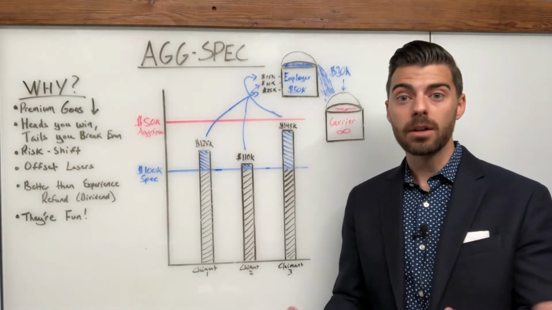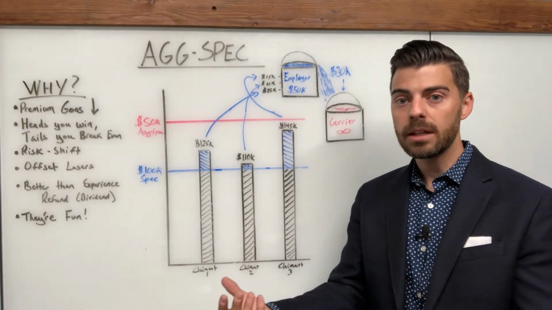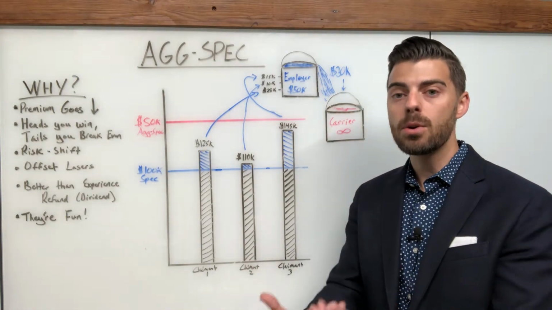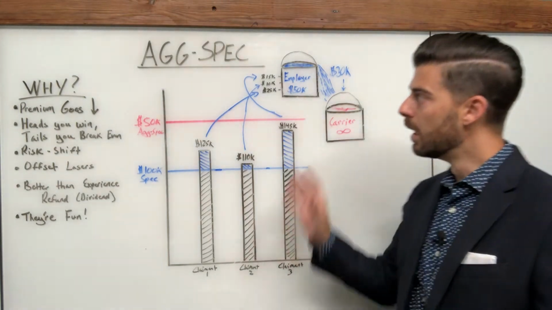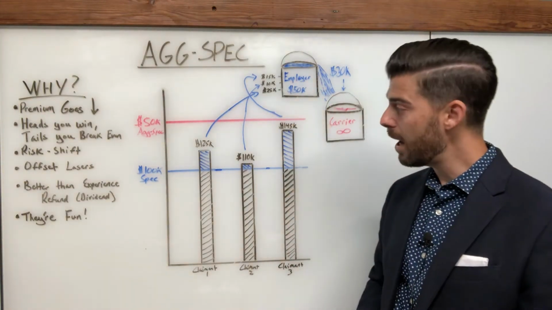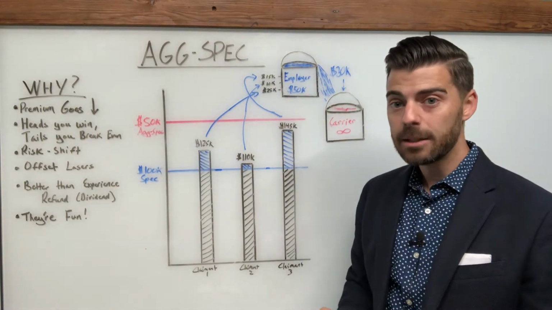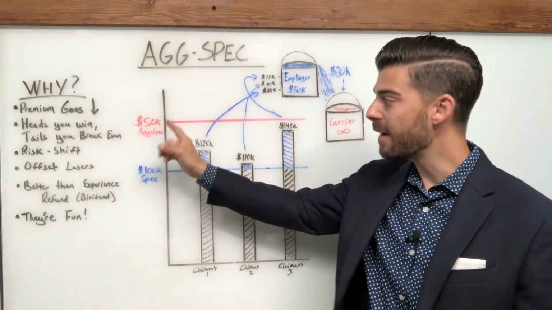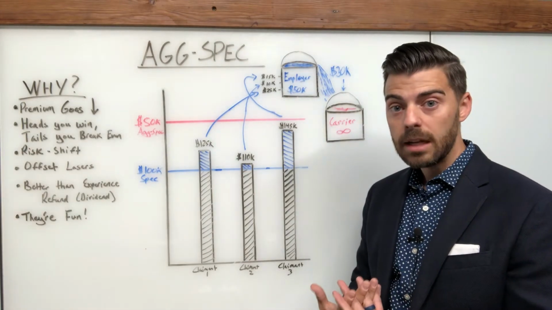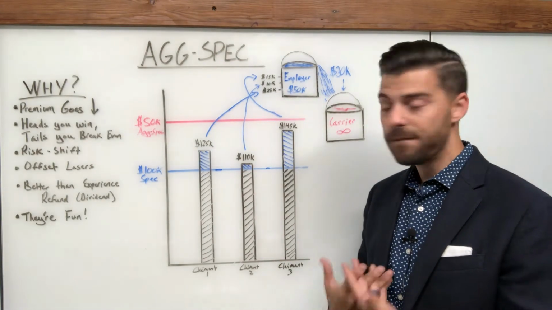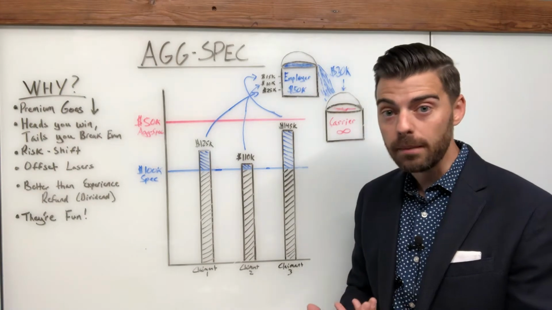So we all know what a gift card is, right? You buy a $100 gift card at Target, you now get to spend $100 at Target, but you can only spend $100 at Target. Well, an Agg Spec works kind of the same way. You add a 50K Agg Spec to your plan, and don't worry, I'm going to explain it, and that carrier is going to give you, most often, a $50,000 reduction in premium.